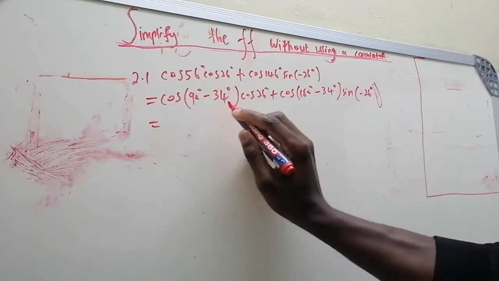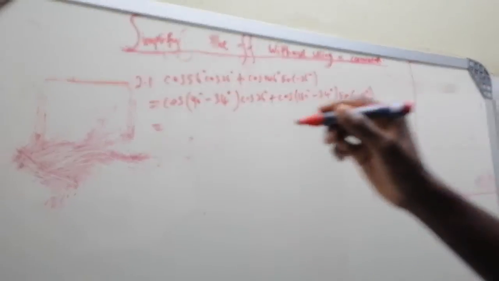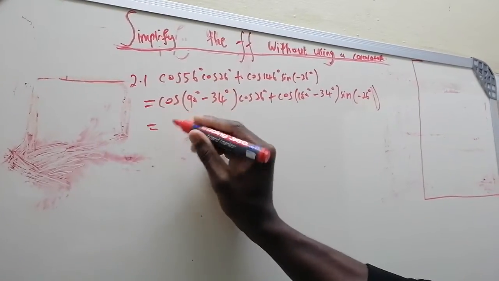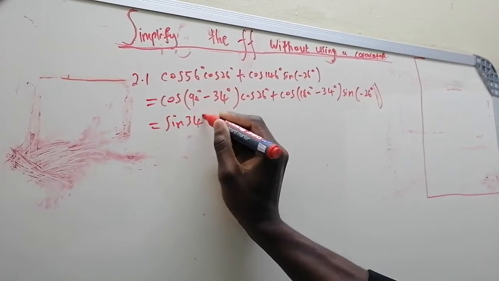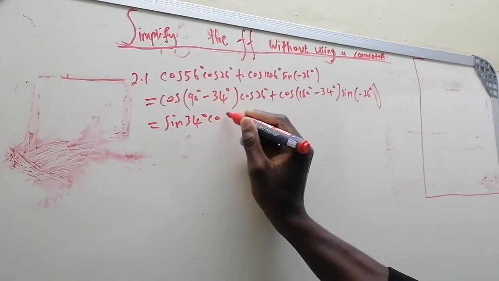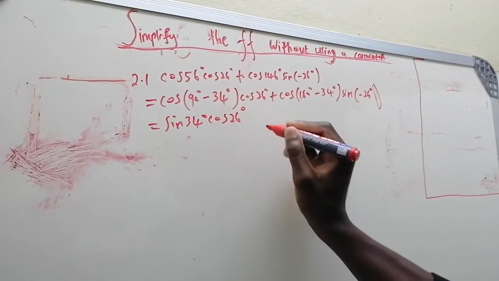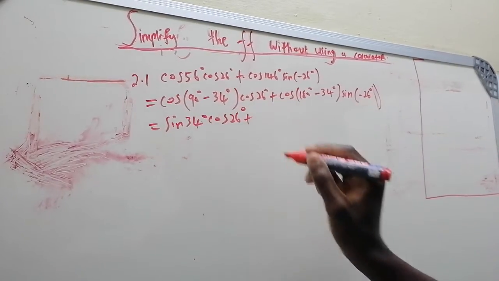Then cos into 90 degrees minus 34 is in the first quadrant. Therefore, the answer should be positive, which is sine 34 degrees, cos of 26 degrees plus.